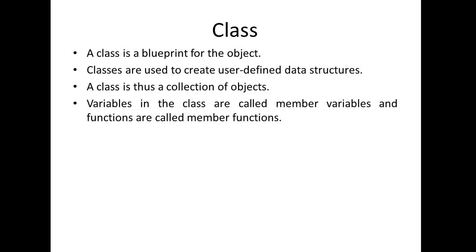Whoever belongs to our family, they are our family members. They are not outsiders. In the same way, for each and every class, whatever variables and functions it has, they are the members of the particular class, and we call them member variables and member functions.